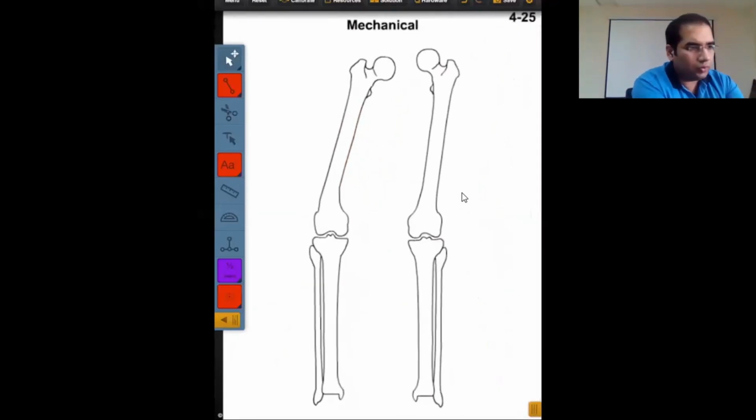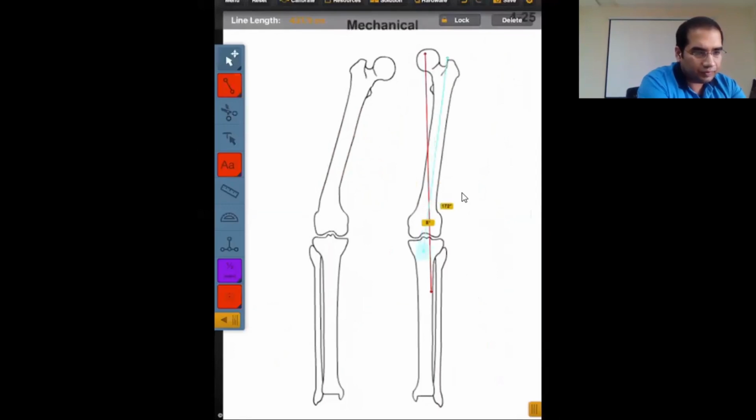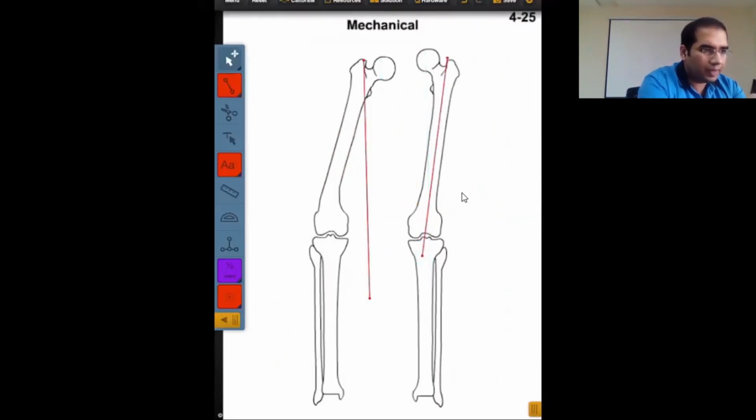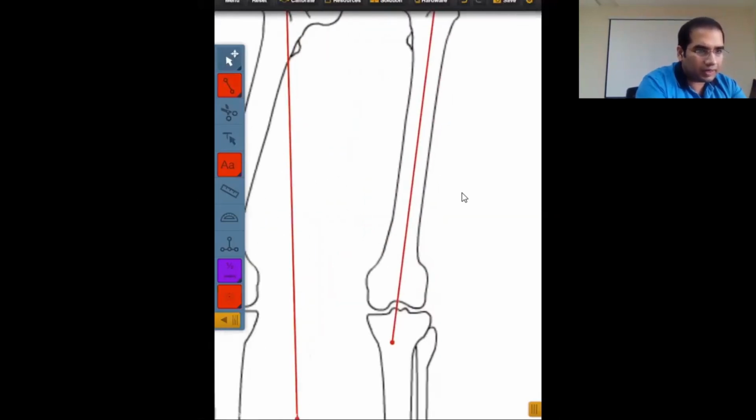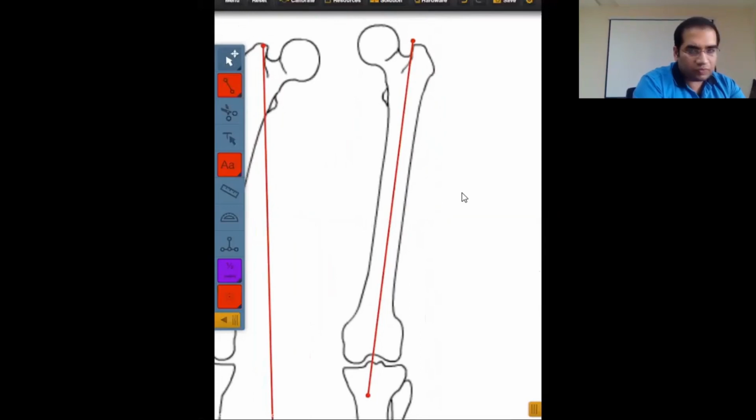As I told you, when we draw the mechanical axis and the anatomical axis, I forgot to tell you one thing. As we all know, the mechanical axis of the femur is drawn from the center of the knee joint to the center of the femoral head, and the center of the knee joint is where the apex of this notch is.